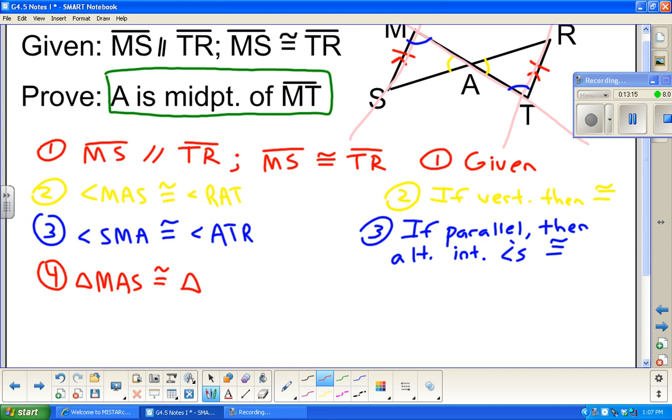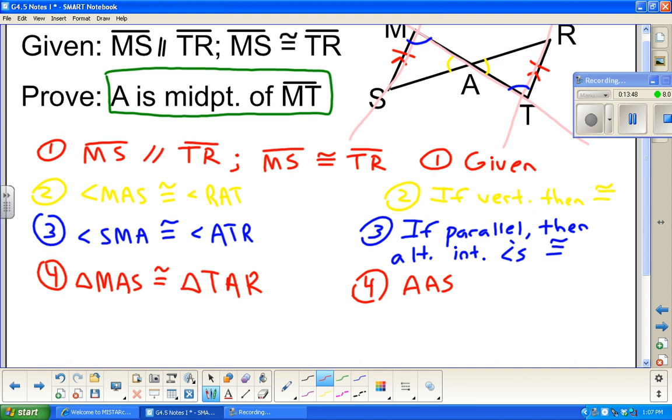M is the same as what angle in the other one? T. Angle A in the left triangle is the same as angle A in the right. And then angle R and angle S would correspond. So it has to be TAR. MAS, TAR. Okay, so we know those are congruent because of angle, angle, side. That's where we would have stopped last section.